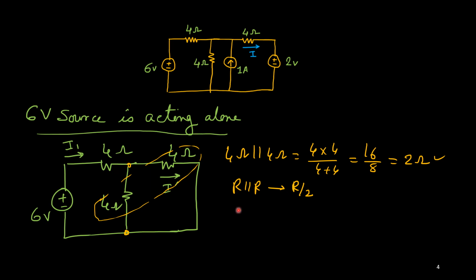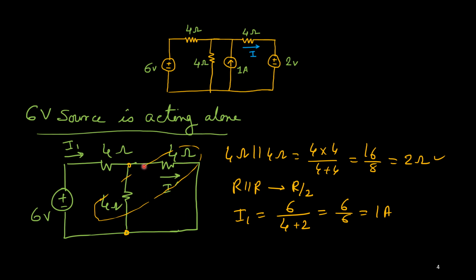So total current I1 is this 6 upon total resistance 4 plus 2, that means 6 by 6 is 1 ampere. So 1 ampere is the current here, right? So that current is divided by these two paths. And you see these two paths are the same.